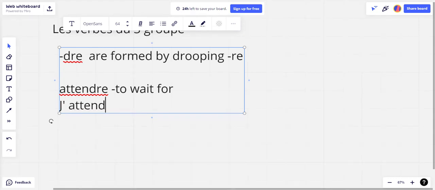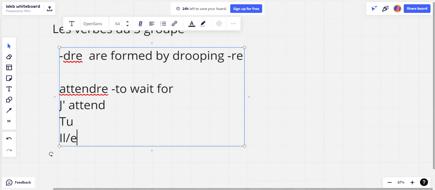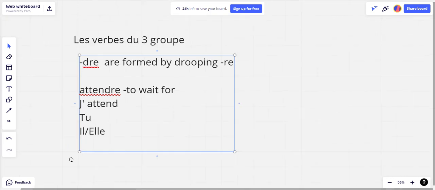First we are going to put the base. I have already told you the rule that they are formed by dropping the re. So we drop the re, and what we got, attend, is the base. Then tu, and you know that il and elle, meaning he or she, both have similar conjugation, so we put them together.